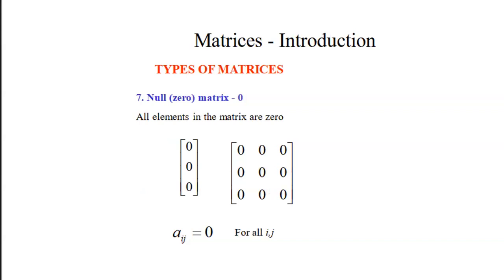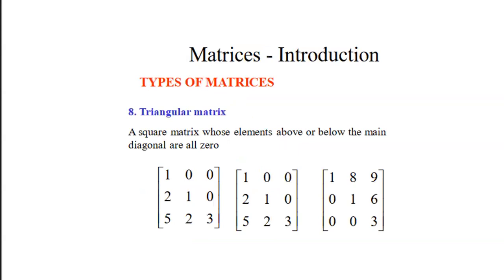The main thing is that all the elements are 0. These are not hard things, they're just things to remember. Because people talk about matrices and mention things, you should have an idea what they're talking about.